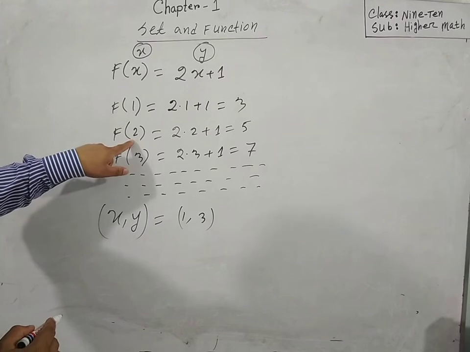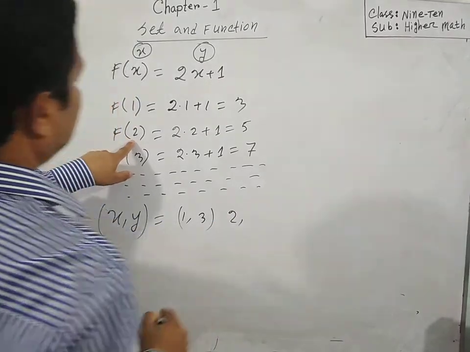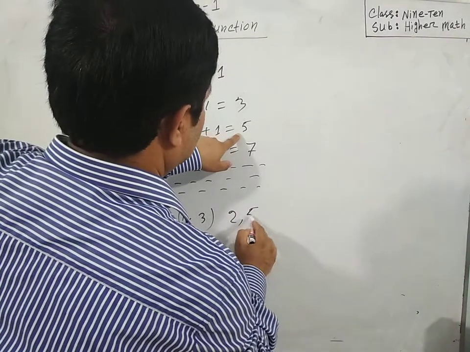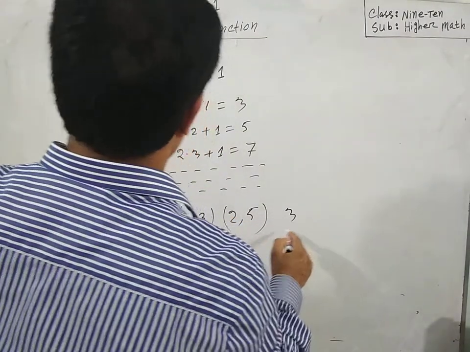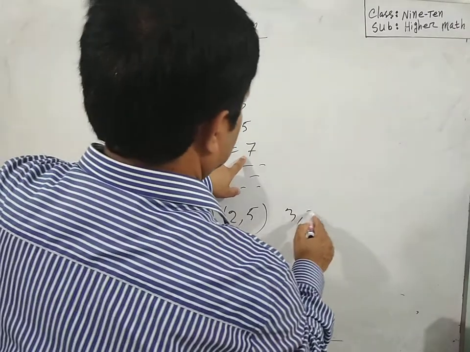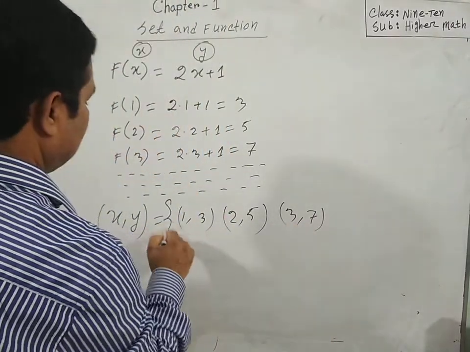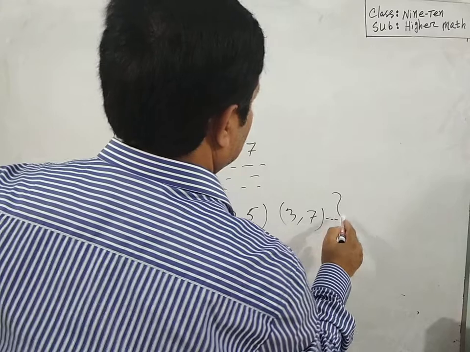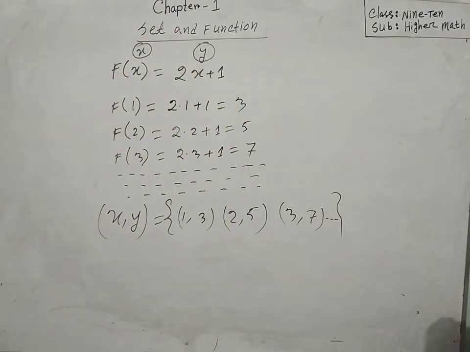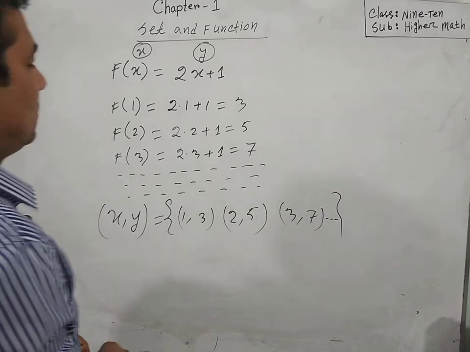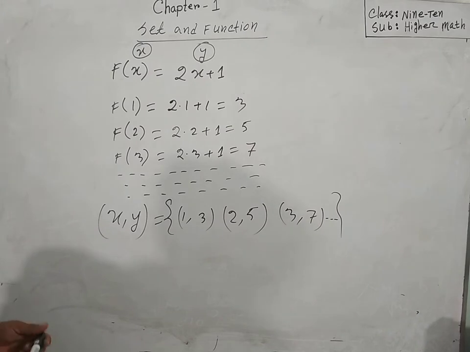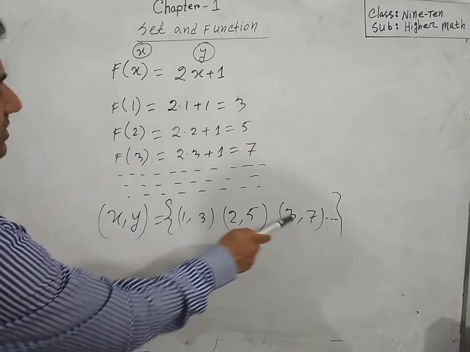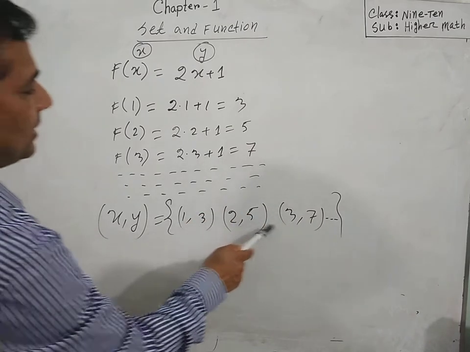When x equals 2, y equals 5. When x equals 3, y equals 7. It is up to infinity. Here value of x is 1, 2, 3 and value of y is 3, 5, 7.